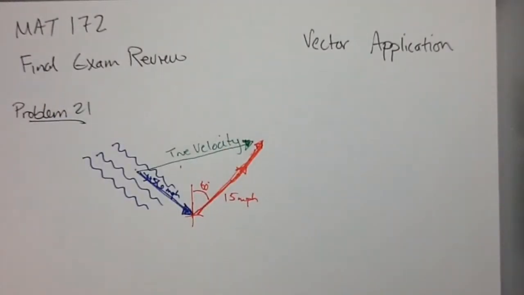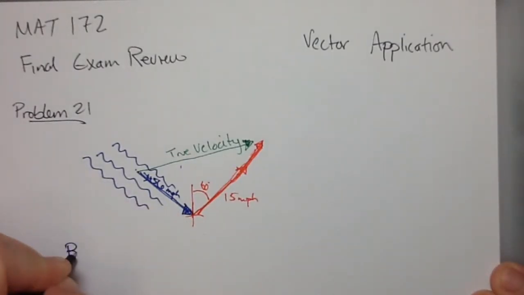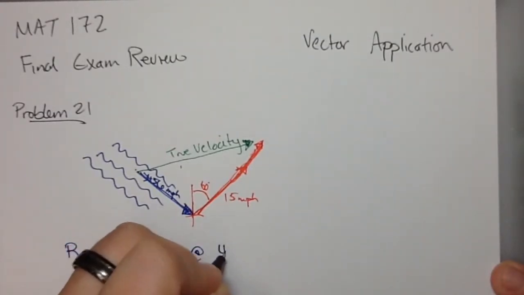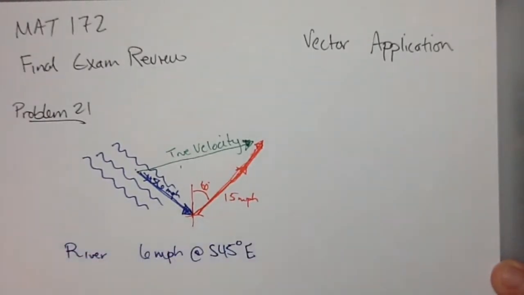All right. So the first thing that we really need to do in order to add these vectors properly is determine their components. So let's talk about the river first. The river here, we know, is 6 miles an hour at 45 degrees, starting at south, going east.